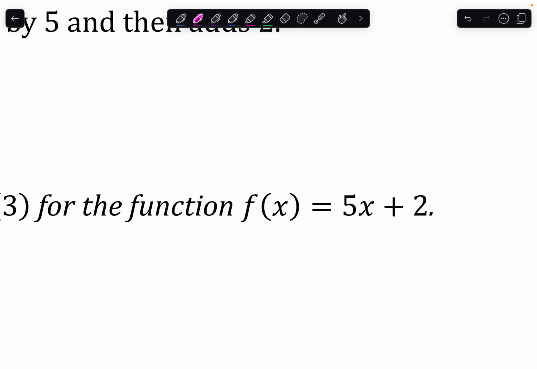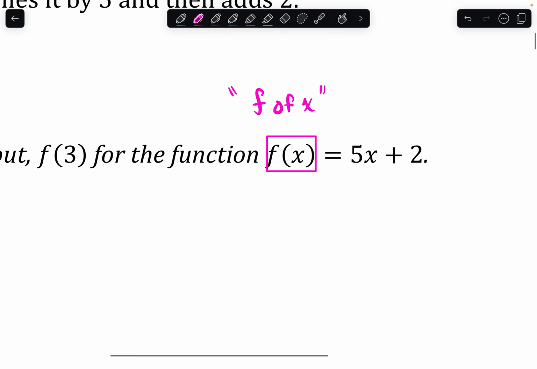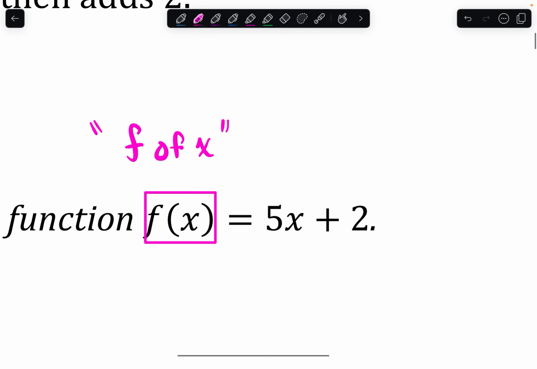So this right here is called function notation, and it is read f of x. F is probably the most common letter, but it could be g of x, k of x, q of x, anything of x. Think of the function notation f of x as just a fancy y value. So f of x is just a fancy label for a y value.